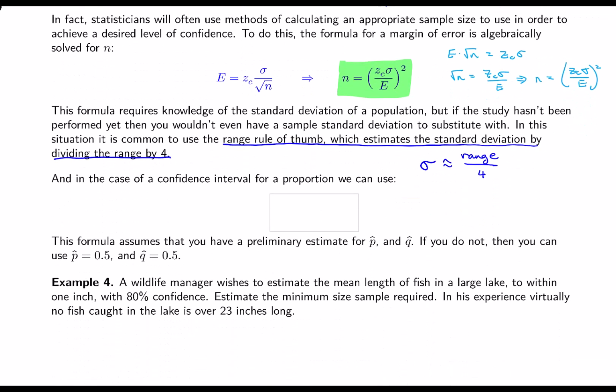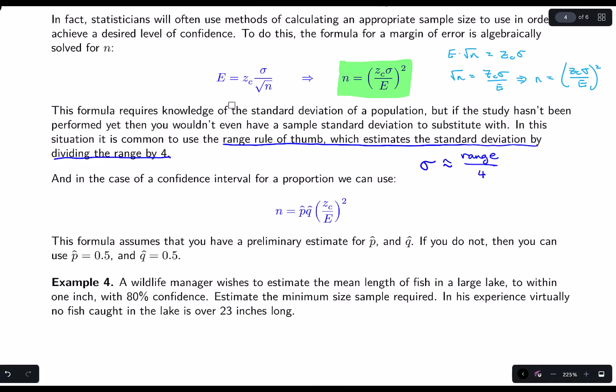All right. You can also do the same sort of thing with proportions. What you have to do here is solve for n, again, using the margin of error formula for proportions. And if you solve for n, you get n equals p hat times q hat times z sub c over your margin of error quantity squared. And again, you do have to have a preliminary estimate for p hat.